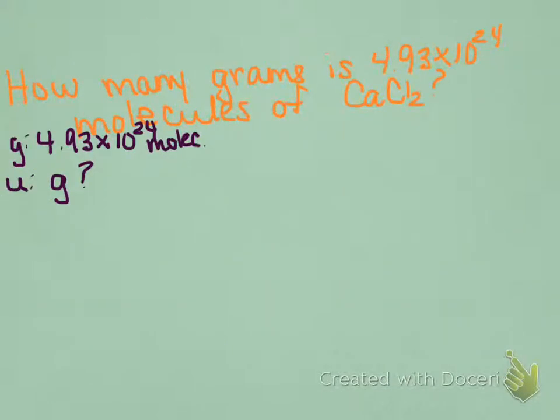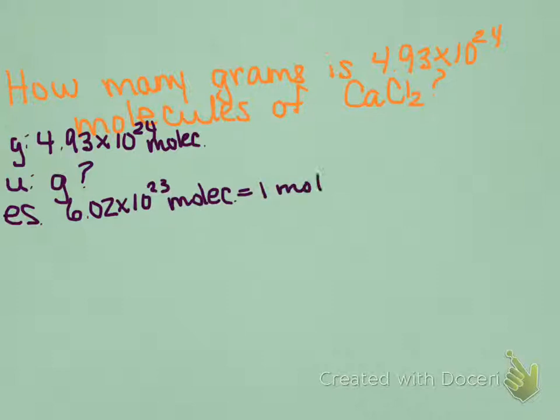Okay, so we want to go from molecules to grams. So we're going to have 2 equality statements. Our first equality statement is going to tell us that 6.02 times 10 to the 23rd molecules is equal to 1 mole. Our second equality statement tells us that 1 mole is equal to the molar mass in grams of calcium chloride. So I need to add up.